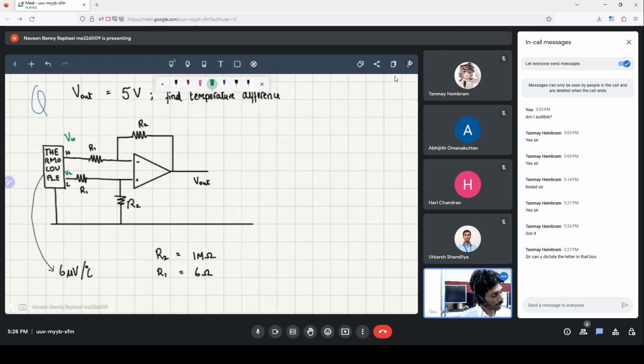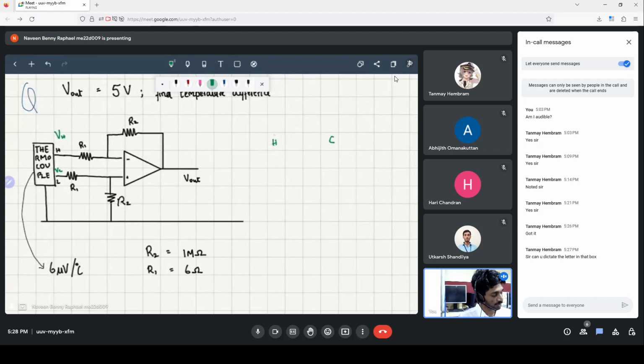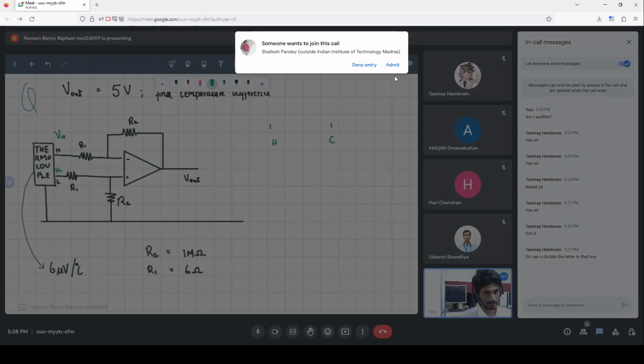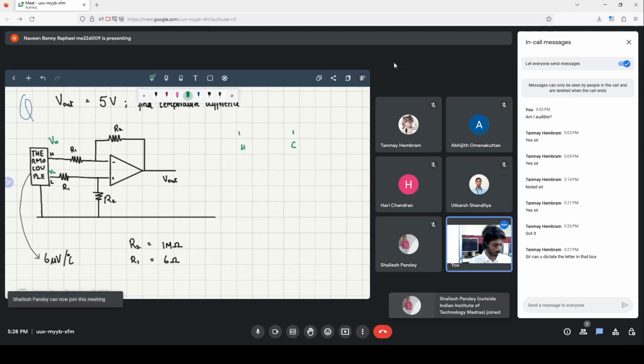The thermocouple has two ends, the hot end and cold end, and provided you put the hot end in one place and the cold end in the other, the thermocouple will generate a potential difference, and this potential difference will depend on the type of the thermocouple.